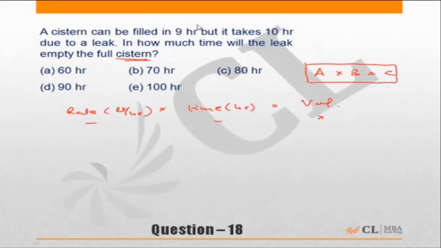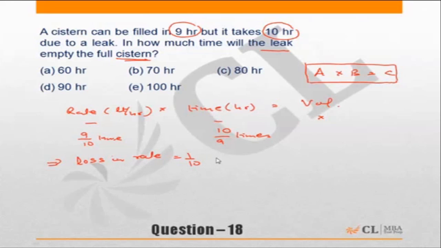Now in this particular question, you could earlier fill it in 9 hours, but now the cistern can be filled in 10 hours due to the leakage. So the time has become 10 by 9 times. If the time has become 10 by 9 times, that means the rate has become 9 by 10 times, which implies loss in rate is equal to 1/10, which is nothing but the leakage rate.